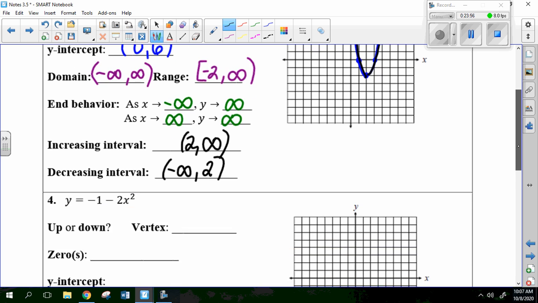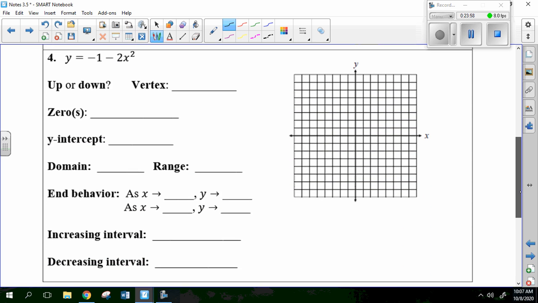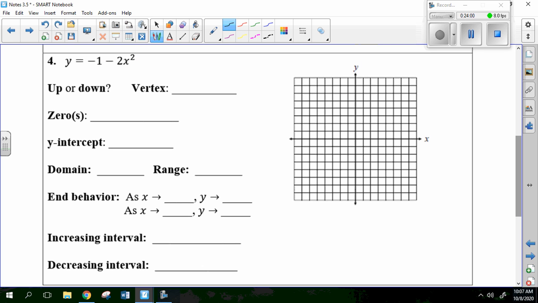All right, and then there is one more in the notes, and I'm going to tell you the vertex. I want to tell you a lot of the stuff real quick. This one actually opens down because the number in front of the x squared is technically the a, and it's negative. Okay, the vertex on this one is 0, 1. And if you were to type it in Desmos, it would not cross the x-axis at all.